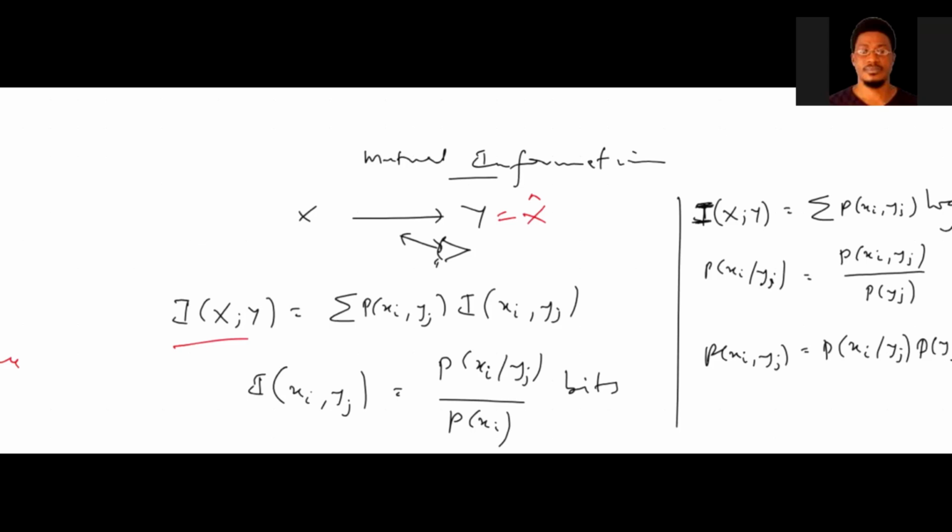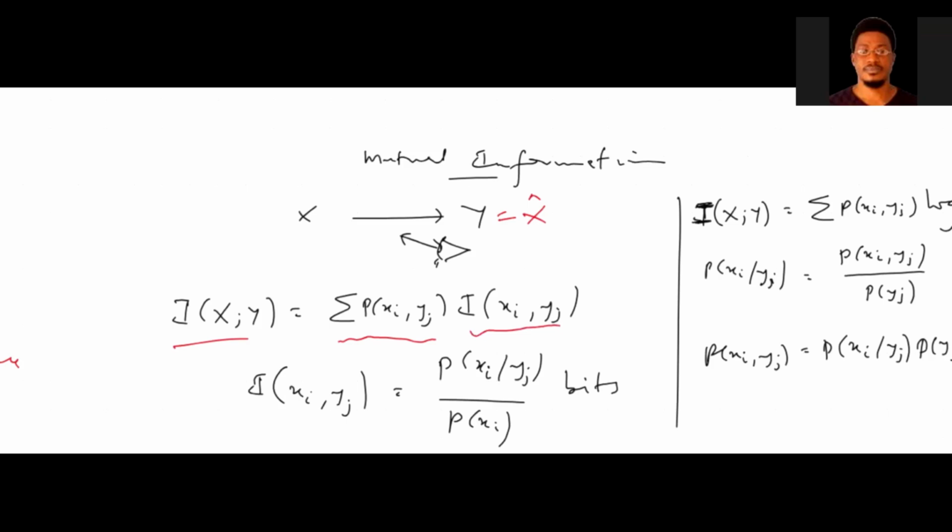Okay? And then we say that the mutual information is the expected value of the joint distribution of the joint information source. Okay?